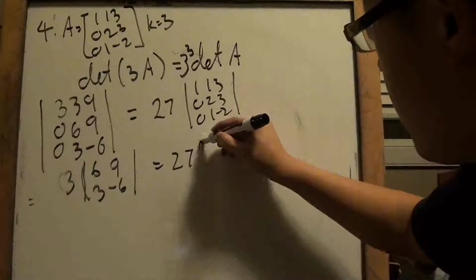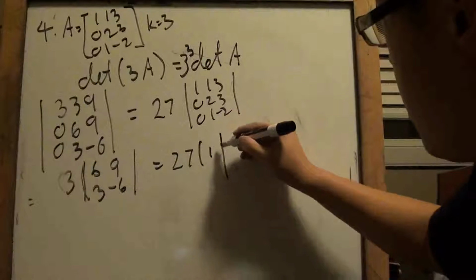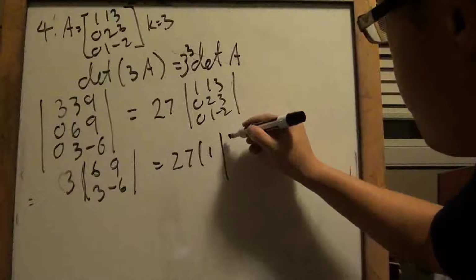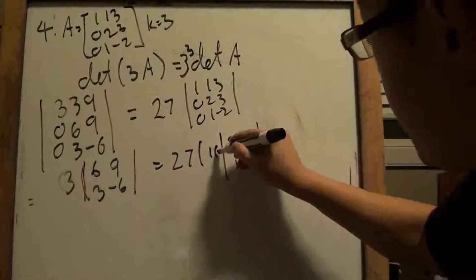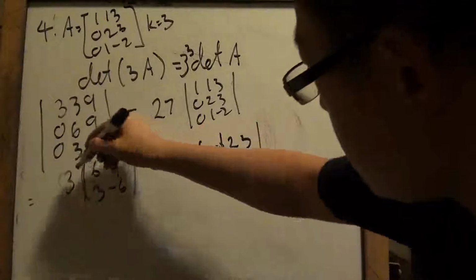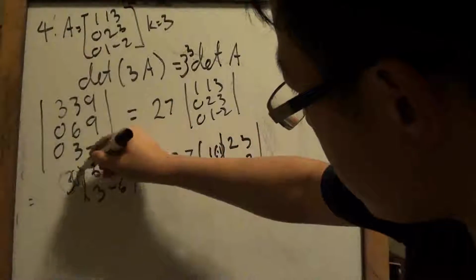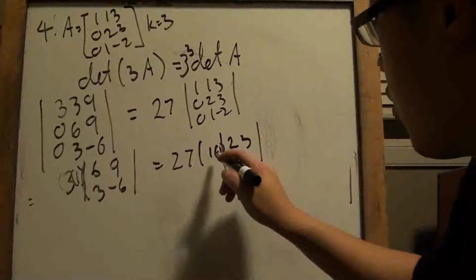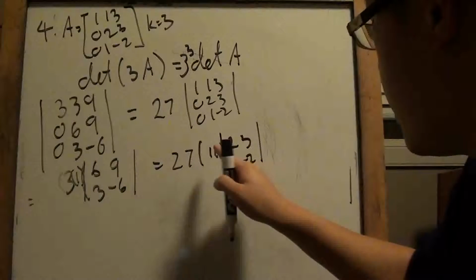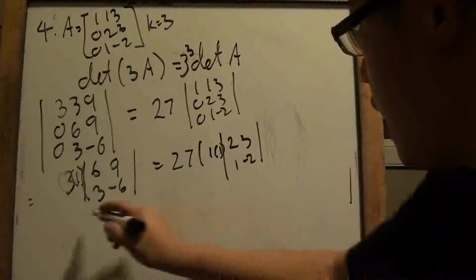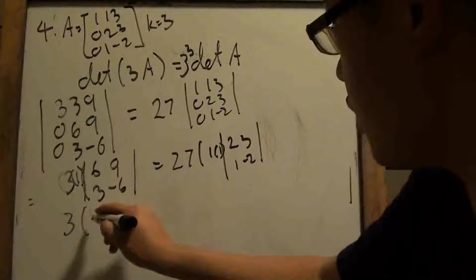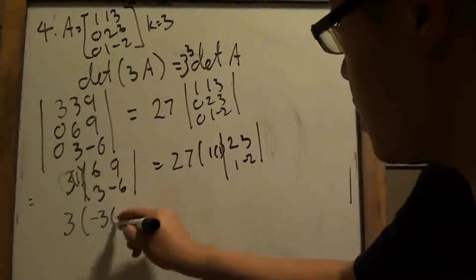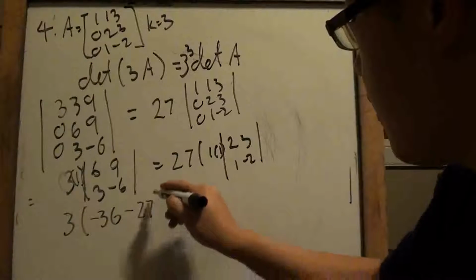And then, it's going to be 1, 2, 3, 1, 2. Keep forgetting the sign chart. Okay, but it's 1, right? That's the whole point here. So that's not minus, by the way, so that's that. And that should give me the same answer, 3, negative 36 minus 27.